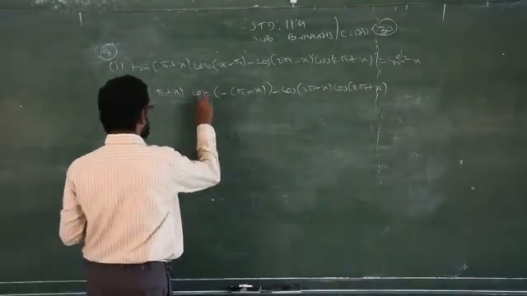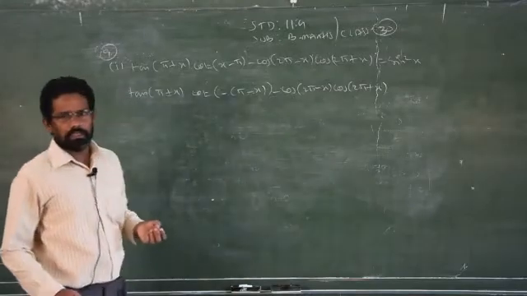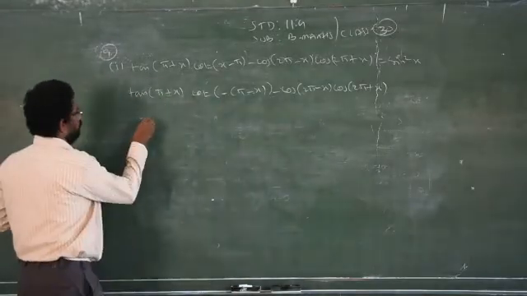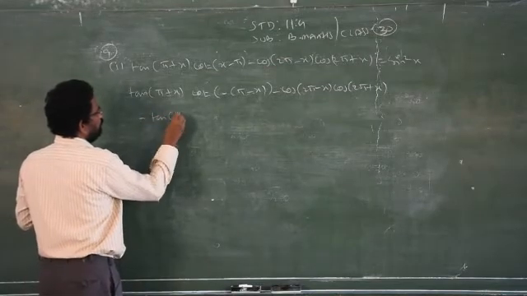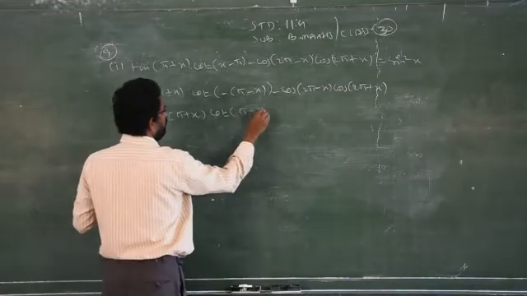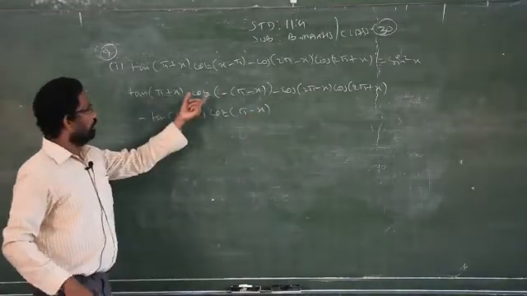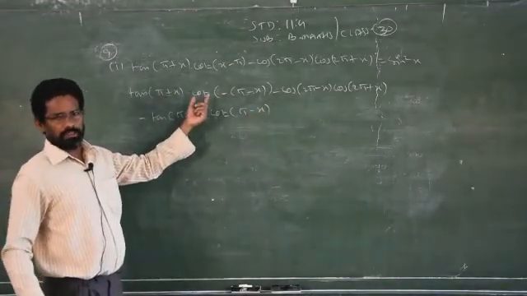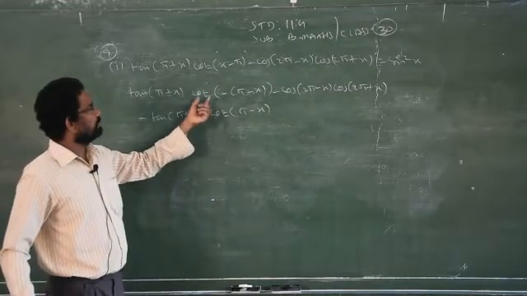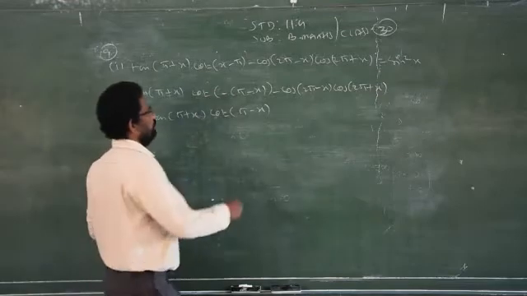Cot is an odd function; other than secant and cos, the other ratios are odd functions, therefore you take minus outside. Minus tan(pi plus x), cot(pi minus x). Cot is not an even function. Secant and cos alone are even functions. Other ratios are odd functions, therefore you take minus outside.